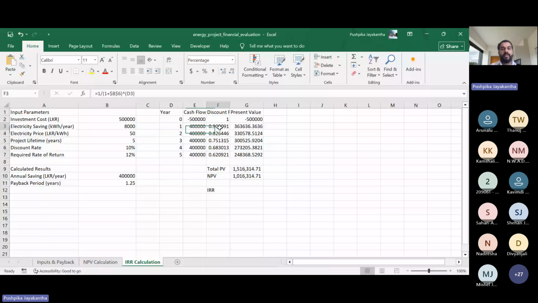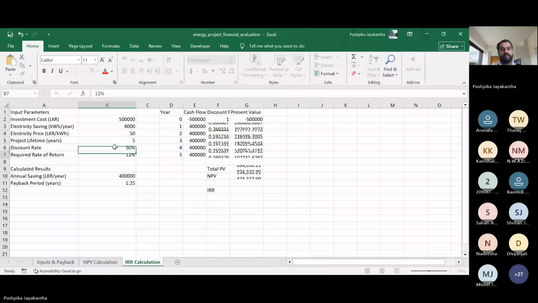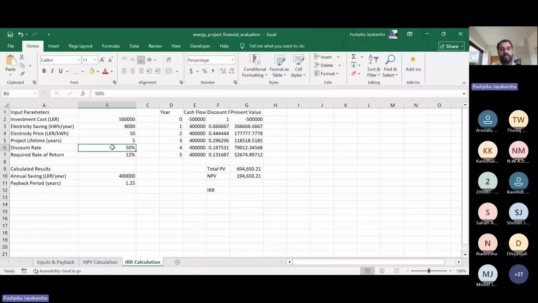If it is 30, it will reduce these values, and 50, again it reduces the value. So like this, you can check where this net present value becomes 0. That is the internal rate of return value.